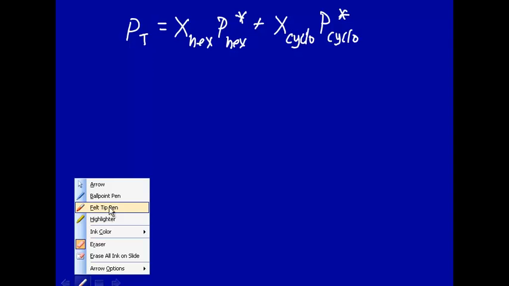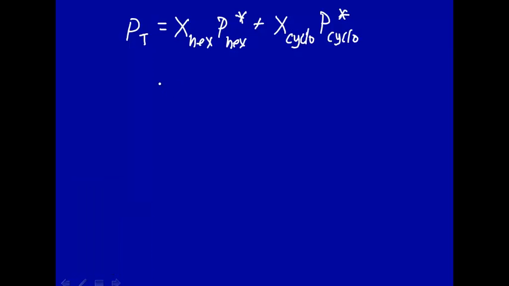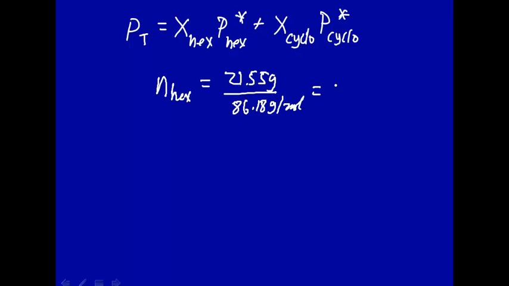Let's do the number of moles of hexane. That will be the grams of hexane, 21.55 gram, divided by the molar mass of hexane, 86.18 gram per mole. So this is 0.25 mole of hexane.